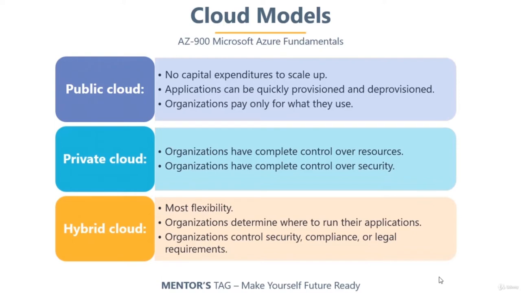That is where we take care of things in a hybrid environment, where we make our cloud flexible enough that we can connect both public and private clouds into one. Organizations decide which kinds of things they want to put on public cloud and which kinds of things they want to keep with them. They also take care of full compliance, security, and the legal requirements for their clients and for their products.